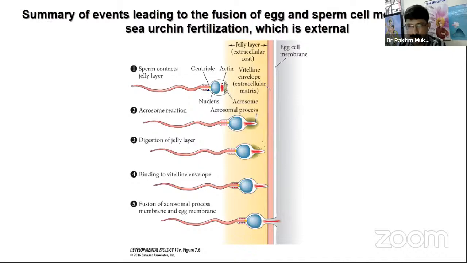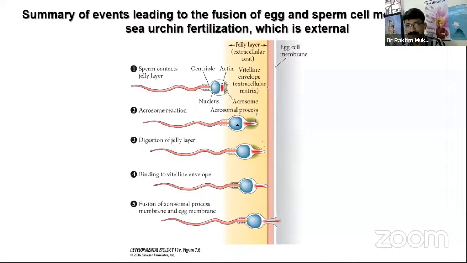Remember, in sperms that have low motility, the mitochondria can be damaged. It can be seen visually under an electron microscope. And the acrosome reaction takes place. On the sperm head, there are acrosomal enzymes. These acrosomal enzymes will drill a hole across the jelly layer or extracellular coat.